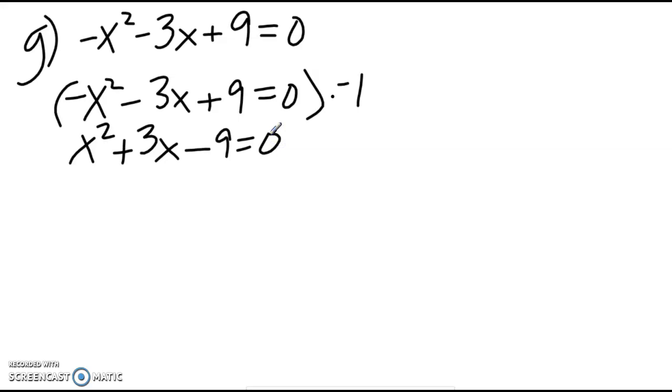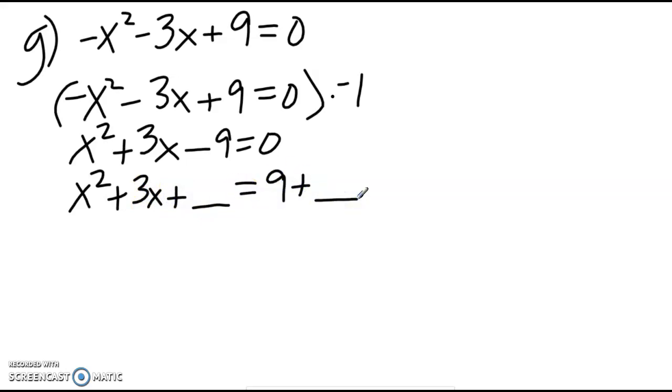Okay, we're going to have a fraction here. For me, that doesn't lend itself to the second way I showed you how you could complete the square to solve. So I'm going to add 9 over. Then I am going to figure out what b is. b is 3, so I'm going to take half of that.